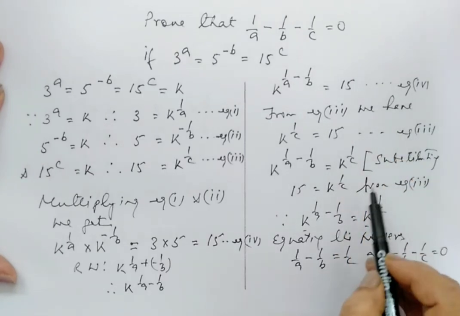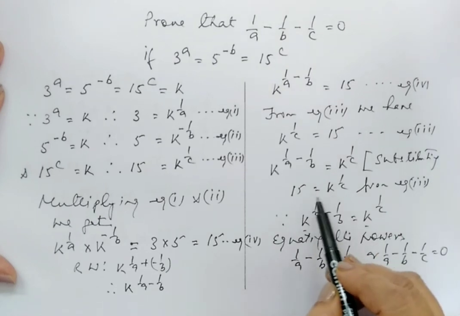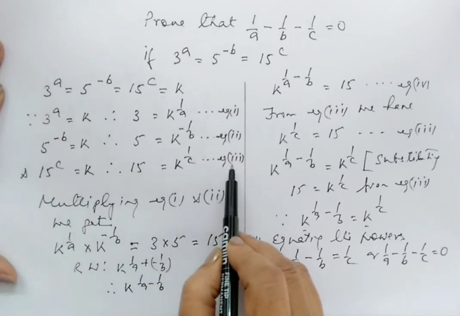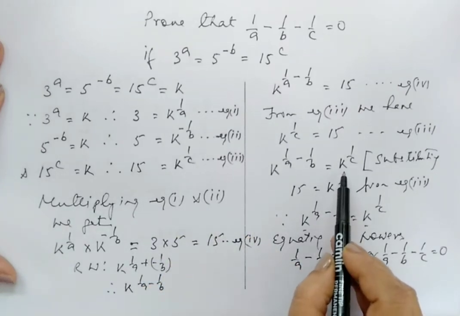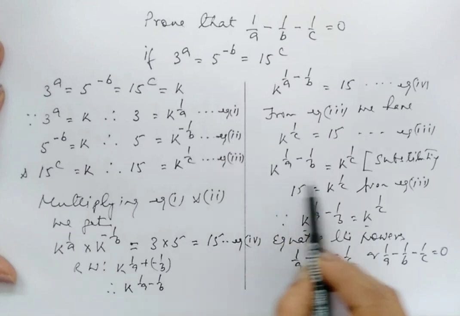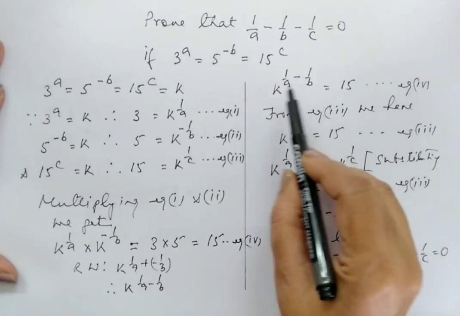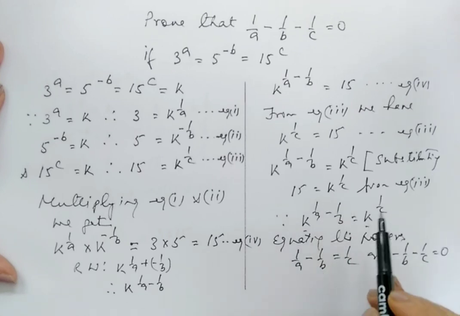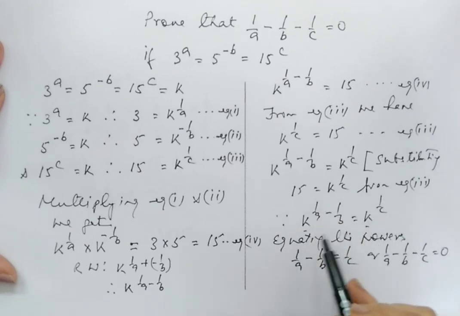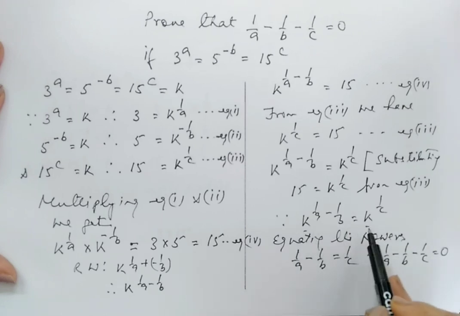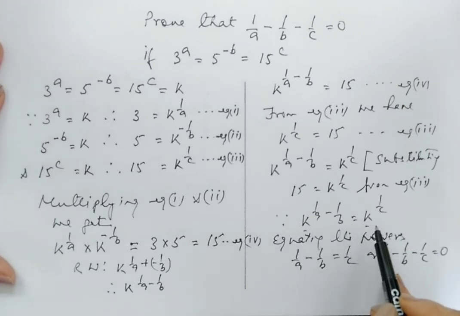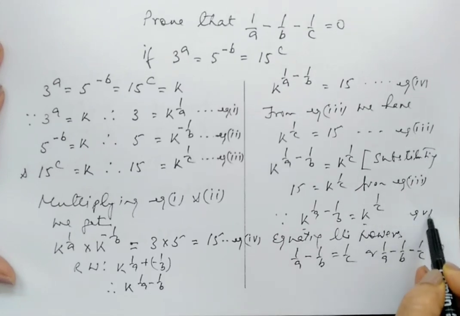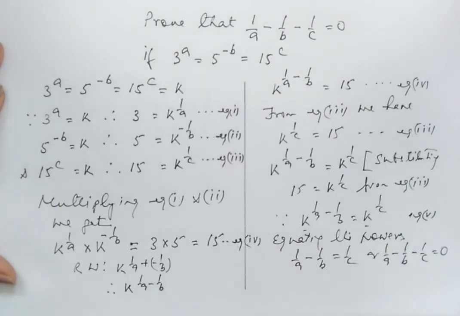So substituting 15 equals this from equation 3, we have substituted in equation 4. Next, what do we see is that since these two bases are the same, we have what? Can we call this equation 5? That will be better.